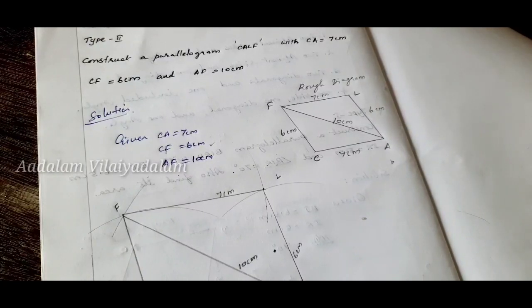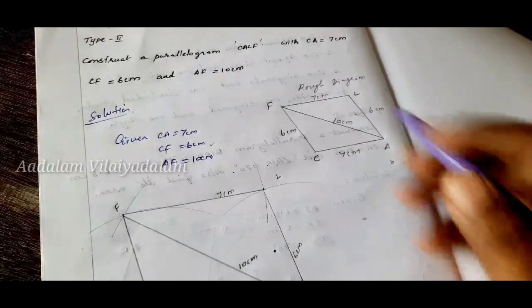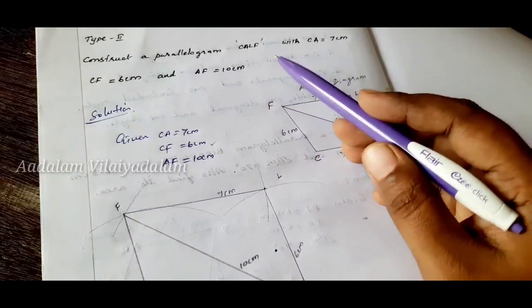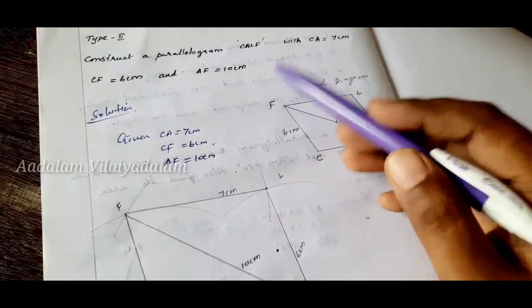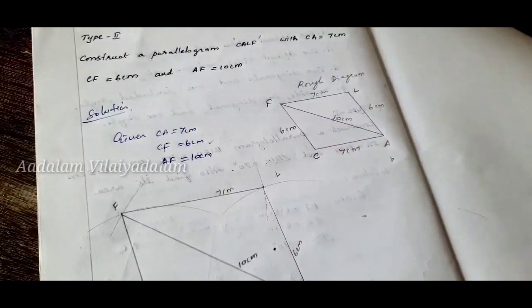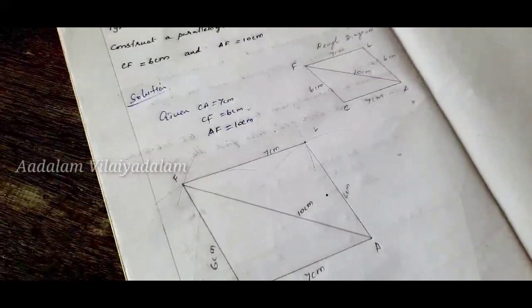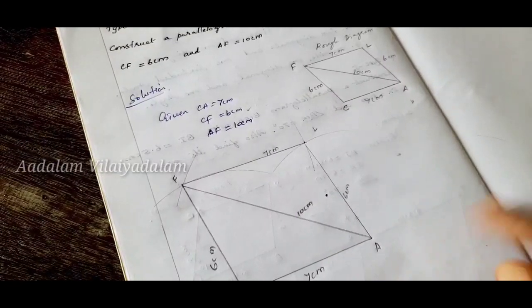Now we need to find the area. Here they did not ask to find the area, or if they have mentioned it, we need to find it out. So we can see the model of how to find the area of a parallelogram.